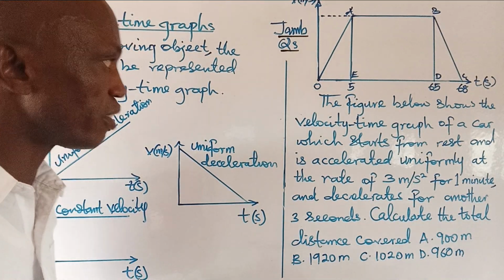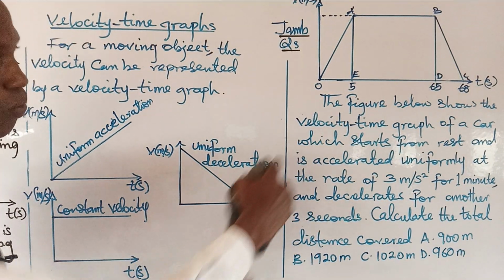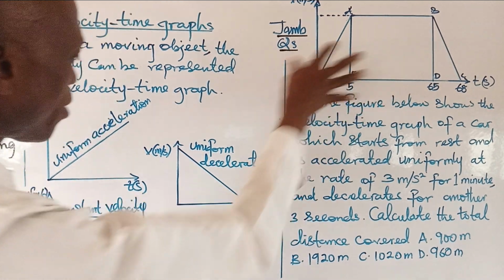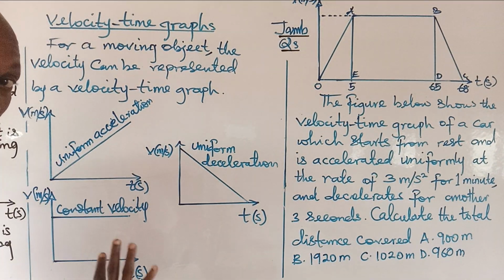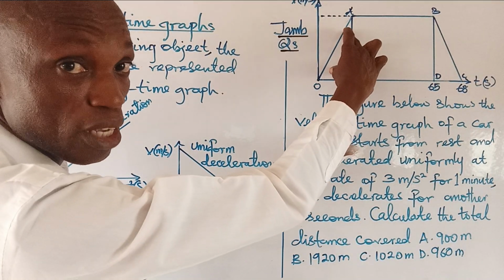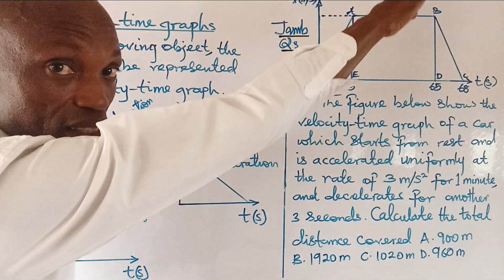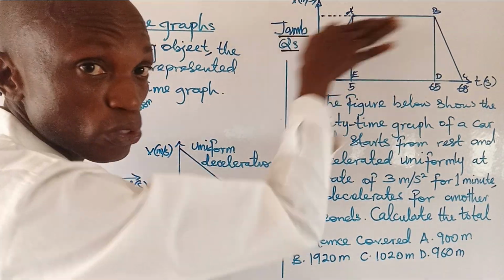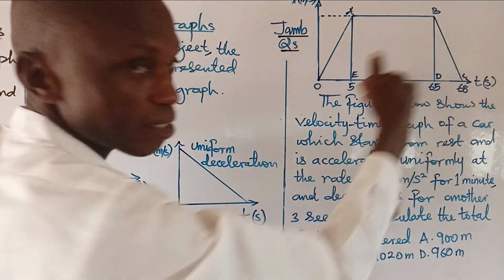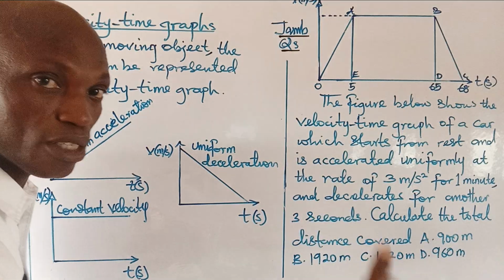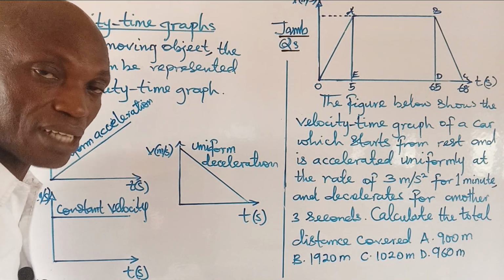Let's continue with this past question. Look at this question. If you look at this diagram, compared to what we have already discussed here, you can see this first part is similar to what we have here. That is uniform acceleration. The middle part is for constant velocity, and that other side is uniform retardation.